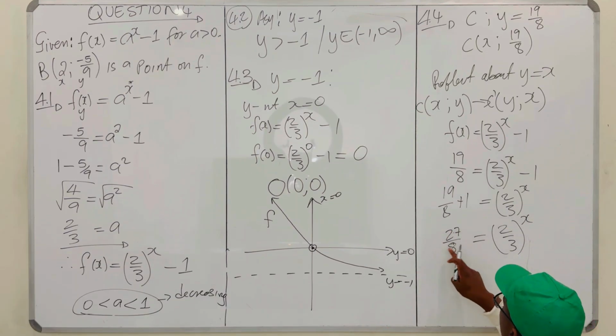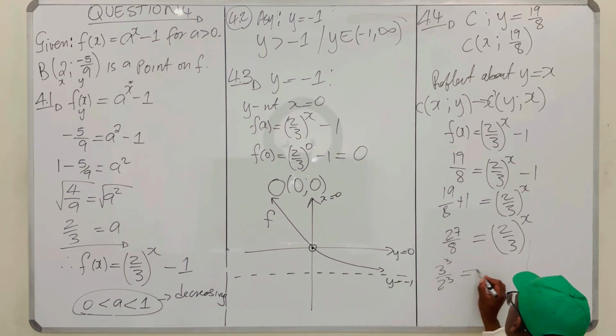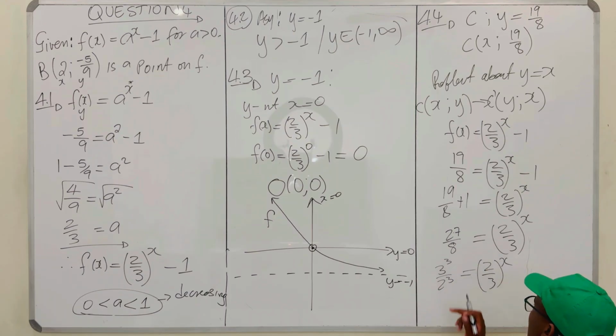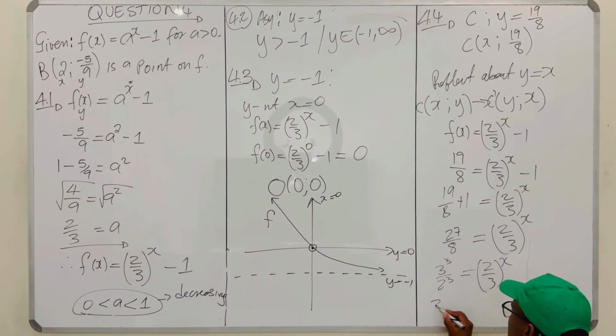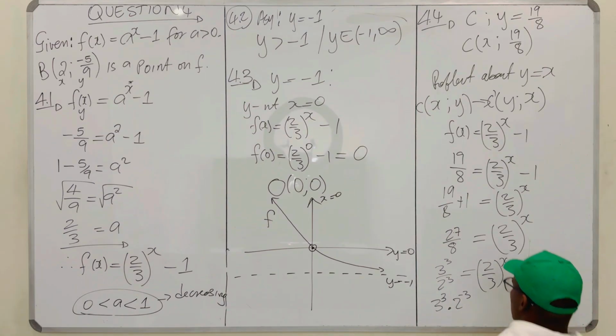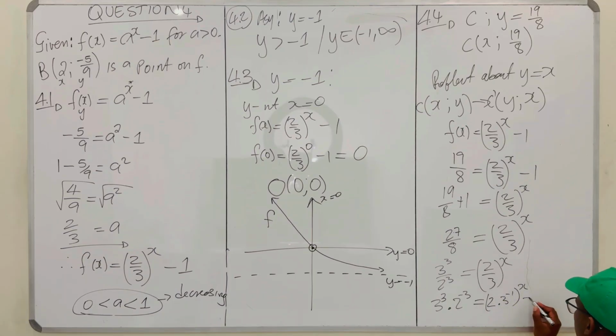So let's find the factors of these. This is 3^3 over 2^3, which is equal to (2/3)^x. Take this up. What you'll have is 3^3 times 2^-3, because if the 2 goes up, its exponent changes sign, right? No problem. This is equal to (2 times 3^-1)^x.